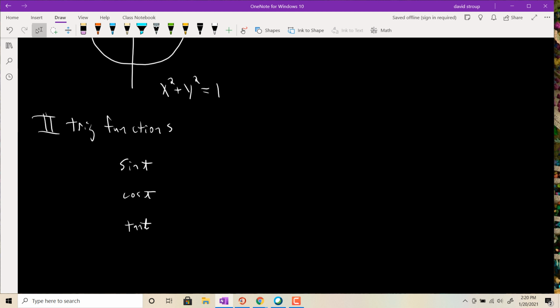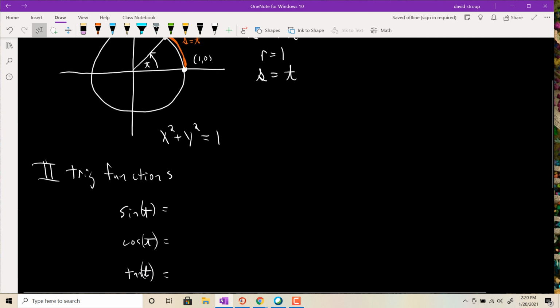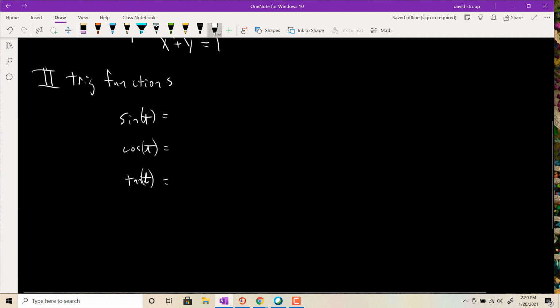Okay, those 3. So sin of t, these are all functions. Cos of t and tan of t. Okay, those are our first 3. And I will define them in terms of x's and y's from the unit circle, which is above.